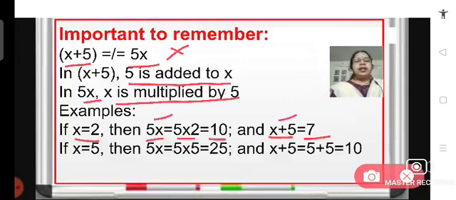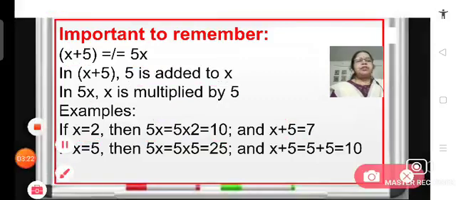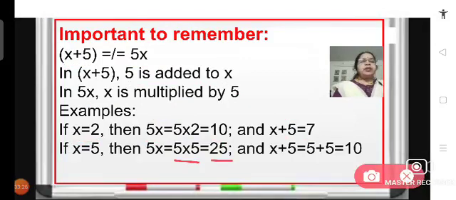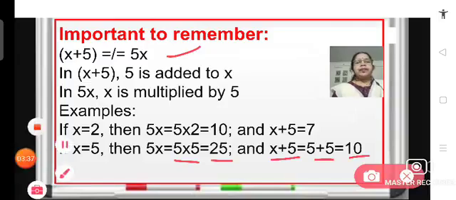Similarly, if we take x is equal to 5, then 5x becomes 5 multiplied by 5, that is 25, and x plus 5 will become 5 plus 5, that is 10. So, you have to remember this very well, that x plus 5 is not equal to 5x.